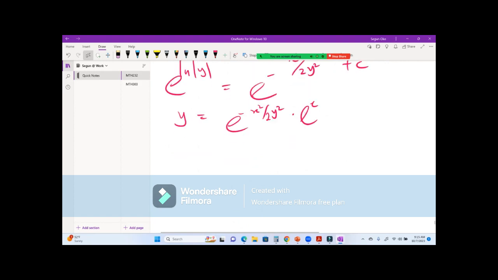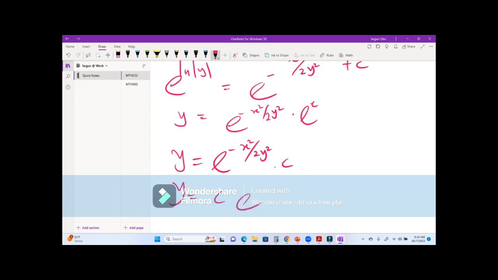So at the end of the day, our y is equal to exponential of minus x squared over 2y squared dot c. Exponential of c is still c. So you have y equals c exponential of minus this over 2y squared.